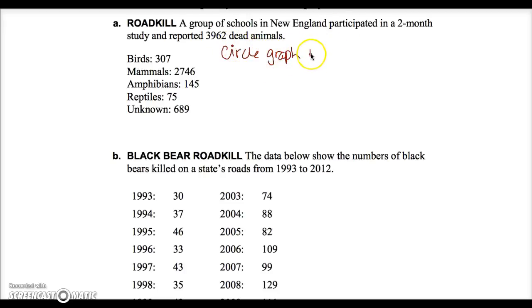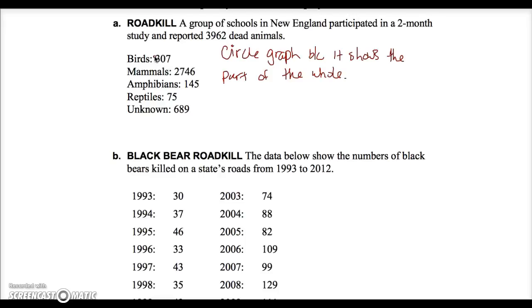And the reasoning behind that is because it shows the part of the whole. It would really show you how many birds out of the entire number of dead animals were found, and mammals and amphibians and so on. So it would really give you a breakdown of how it relates to the total number of roadkill that were recorded.